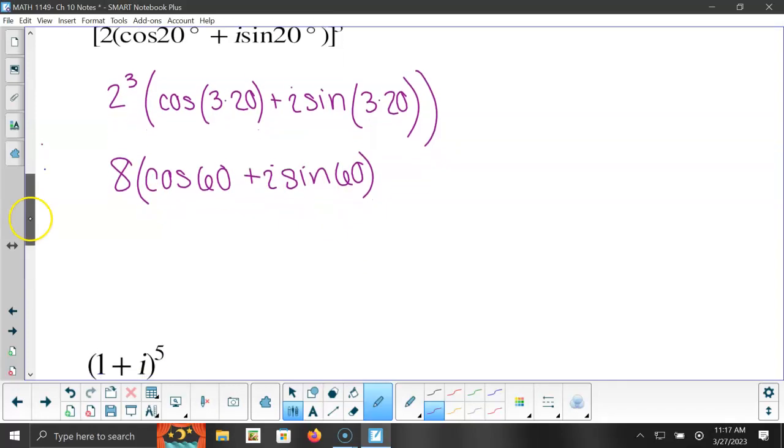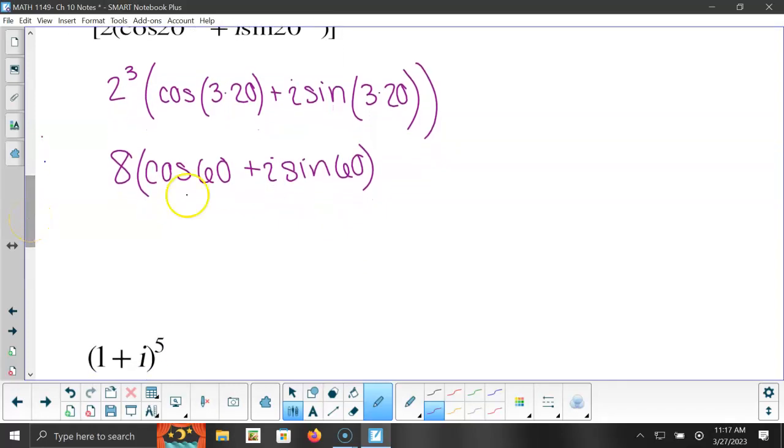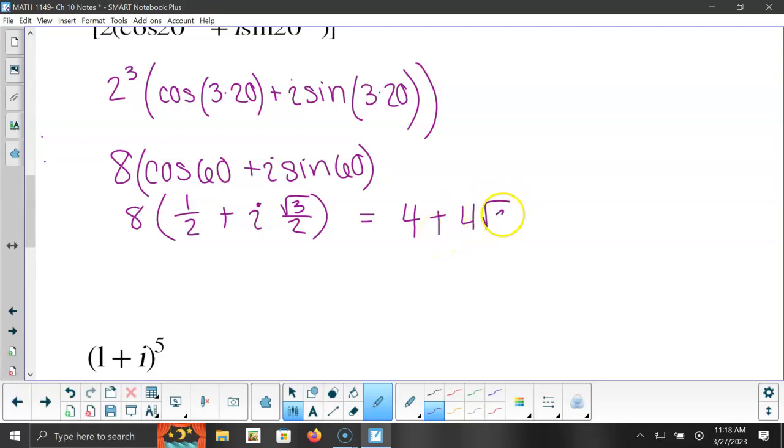All right, so what's the cosine at 60? 1/2 plus I root 3 over 2. All of this times 8. So my fractions disappear. So I'm left with 4 plus 4 root 3 I. Now it's A plus BI.